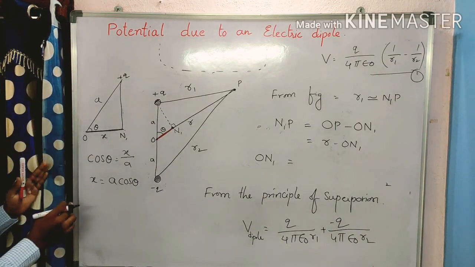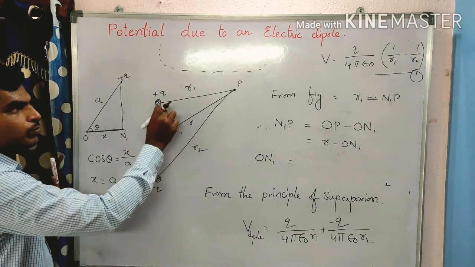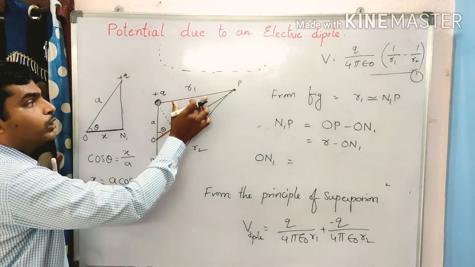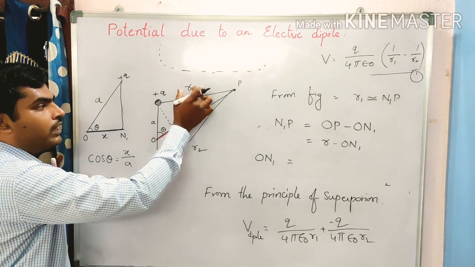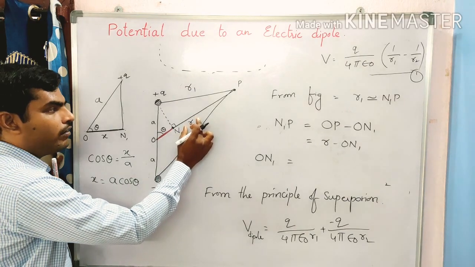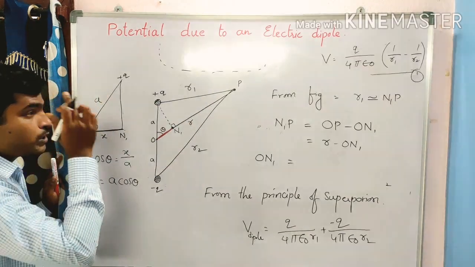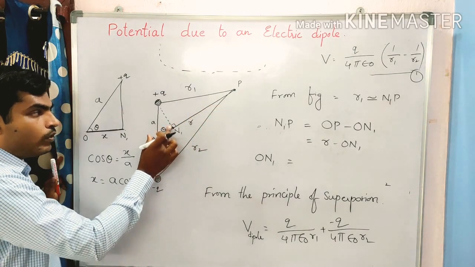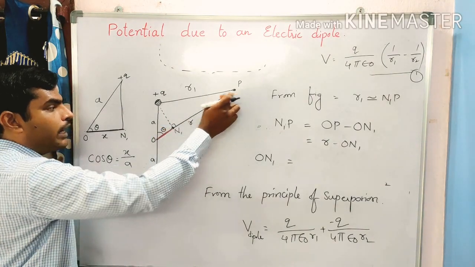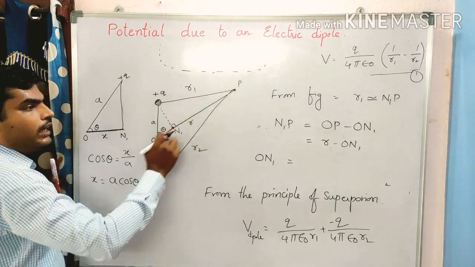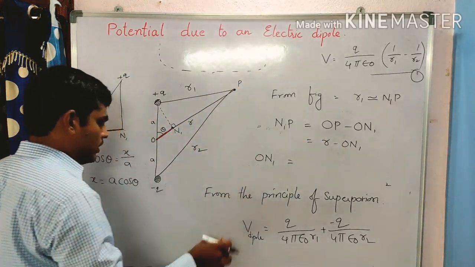Once again, you have taken a normal to make this triangle a right angle triangle. After that, R1 is approximately equal to N1P. To find the N1P value, I am doing OP minus ON1. OP is the total length R, minus ON1.